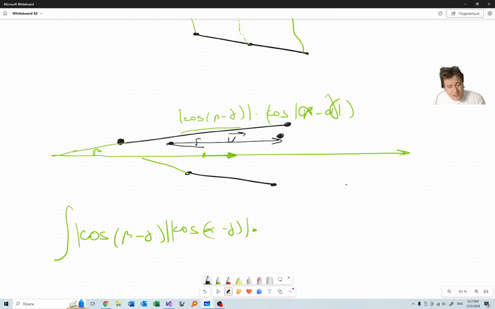And here we multiply by cosine delta minus gamma, multiplied by the modulus of v.